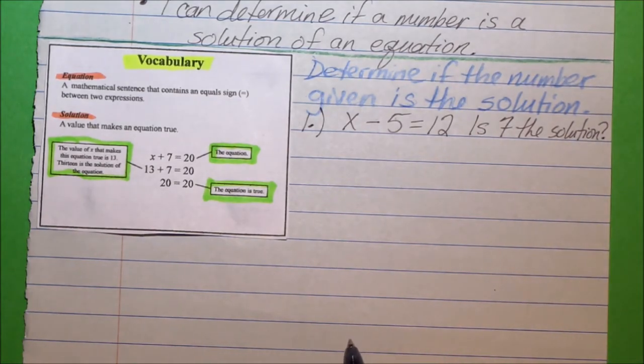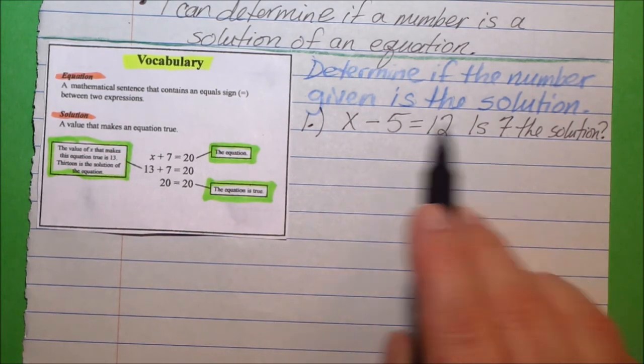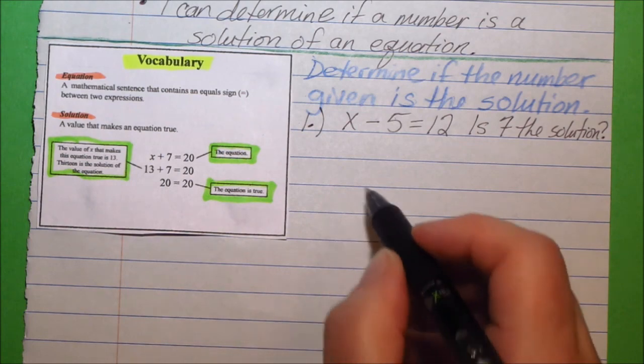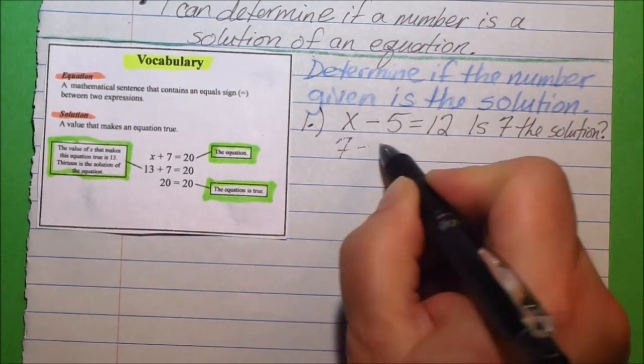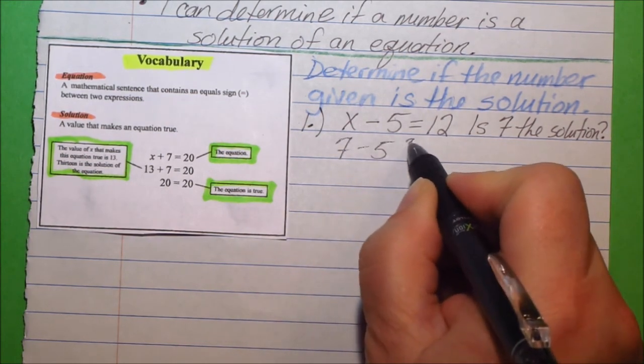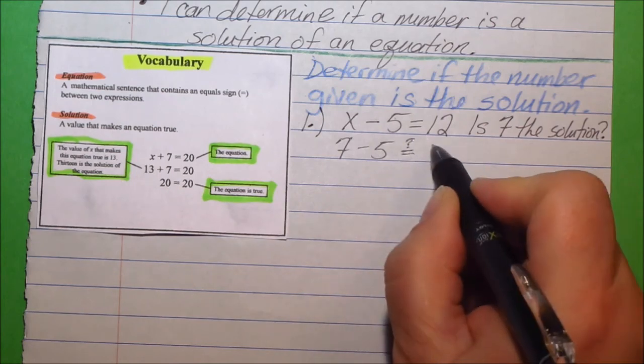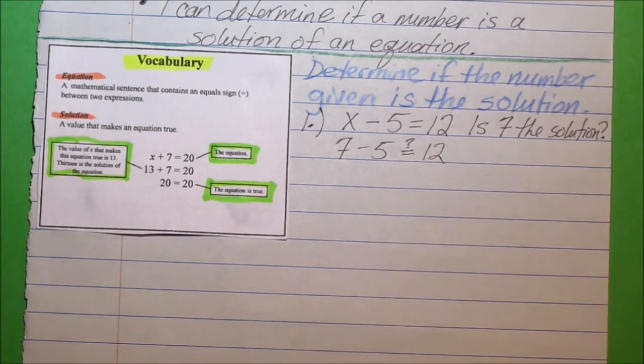Is it? Well, we have to prove whether it is or not by plugging in 7 for the variable. So, 7 minus 5. Is it equal to 12? That's how we write it, with that tiny little question mark above the equal sign, because we don't know yet. We haven't proven it.